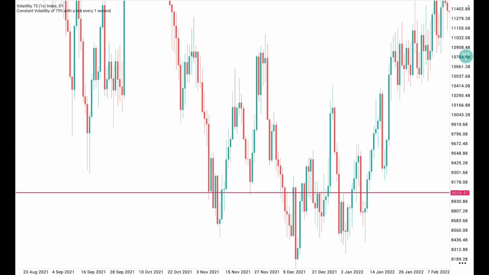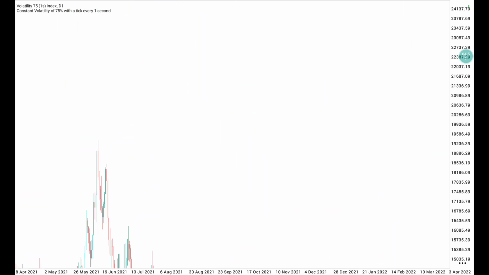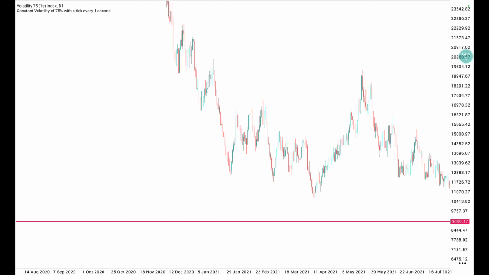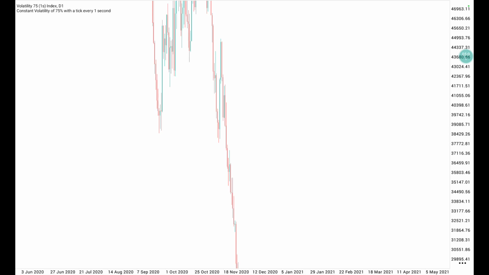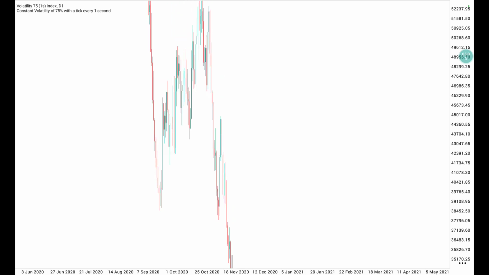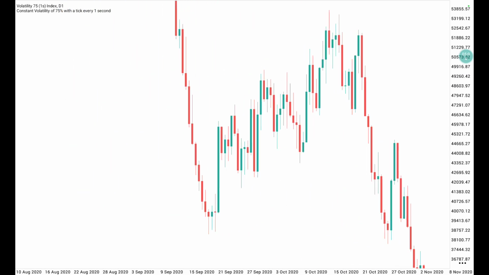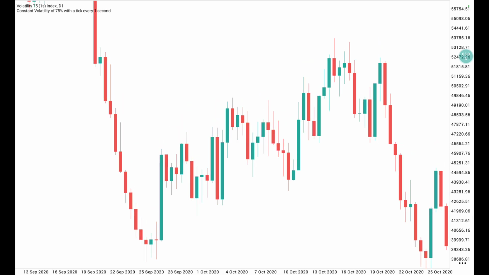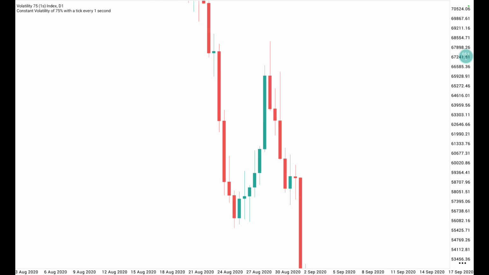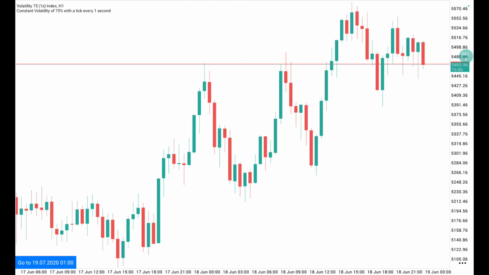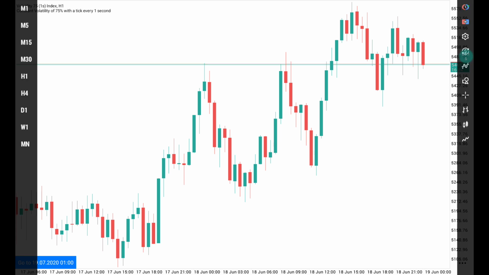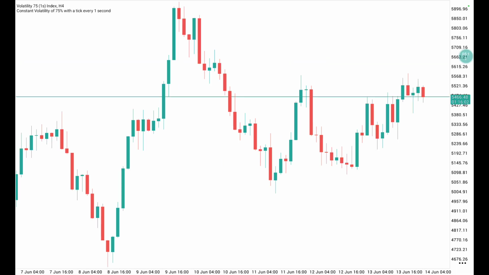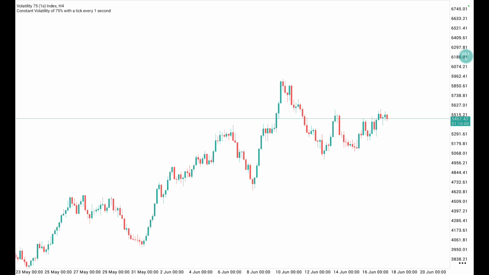So another thing, I'm trying to see if I can get a bullish example.